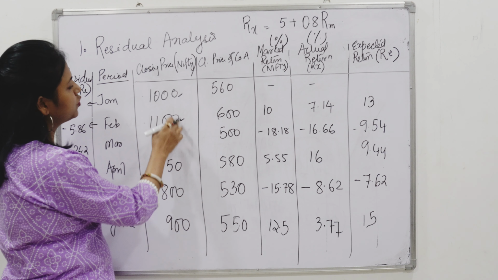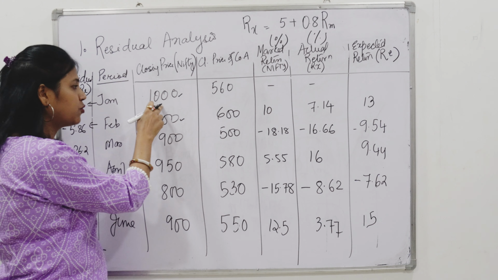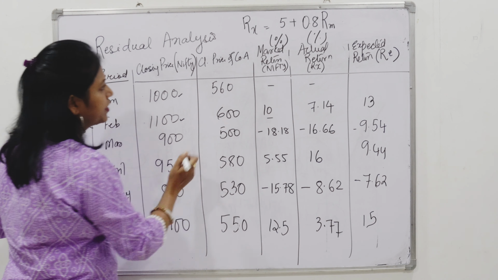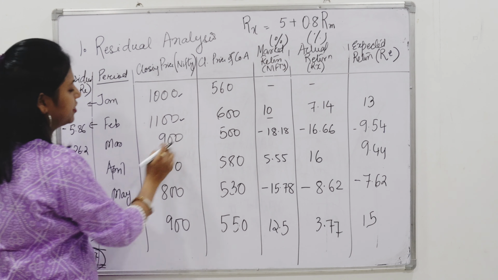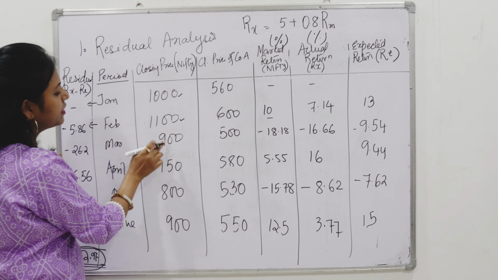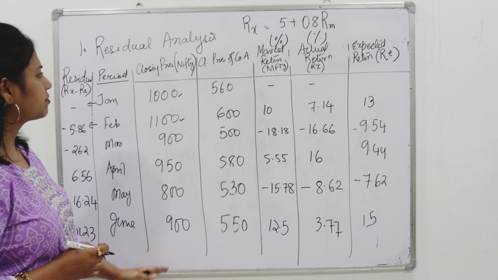So 1100 minus 1000 divided by 1000 into 100 is 10. 10% is the market return. Here 900 minus 1100 divided by 1100 into 100 is minus 18.18 percent, the market return. This way I am doing it for all the closing prices of Nifty.